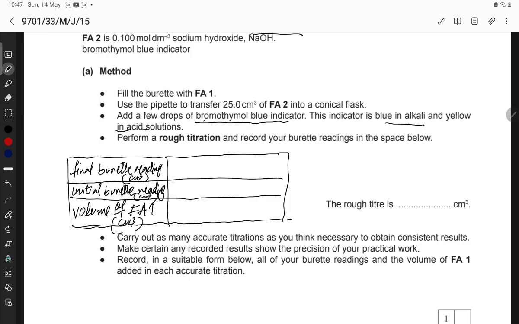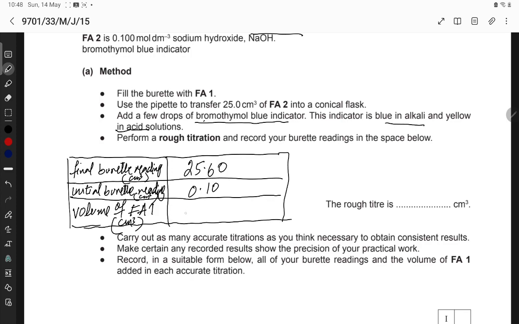Please don't forget to write down the unit of the volume. So for the first titration, let's say the final burette reading is 25.60 and the initial reading is 0.10.